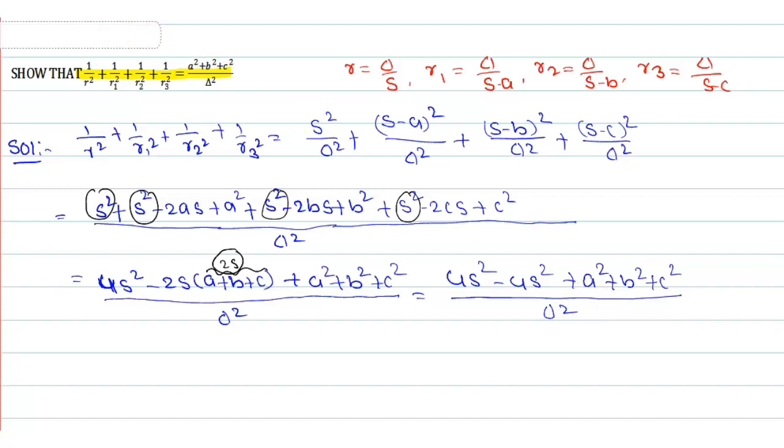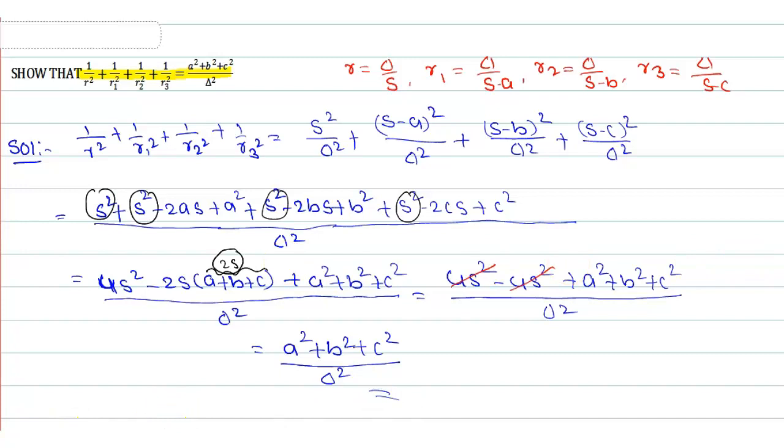Here I can cancel similar values. 4s² and minus 4s² will get cancelled. The leftover value is our answer. So what is the leftover value? It is equal to (a² plus b² plus c²) by delta². This is our answer.